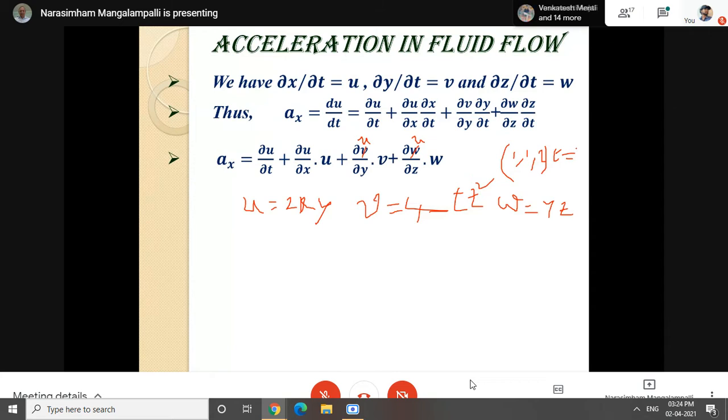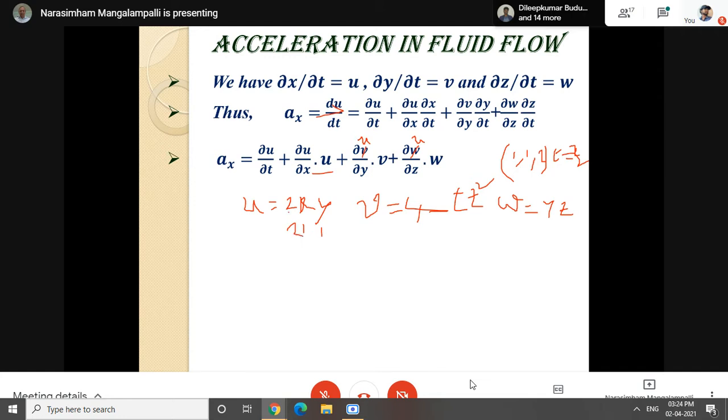So substitute here: x is equal to 1, y is equal to 1, and z is equal to 2.